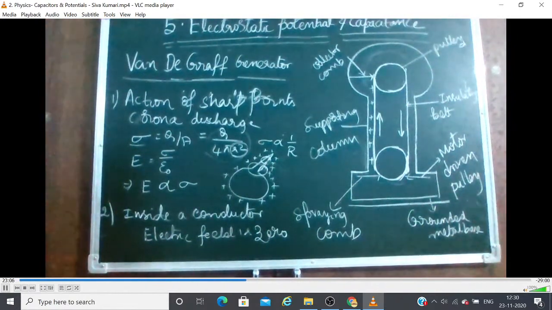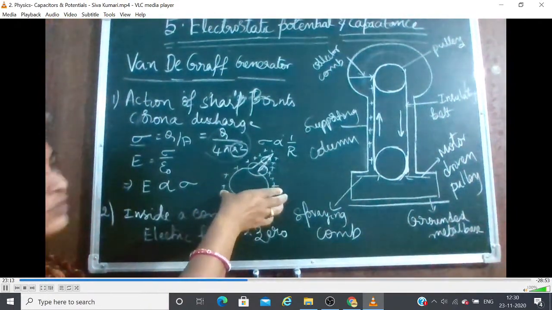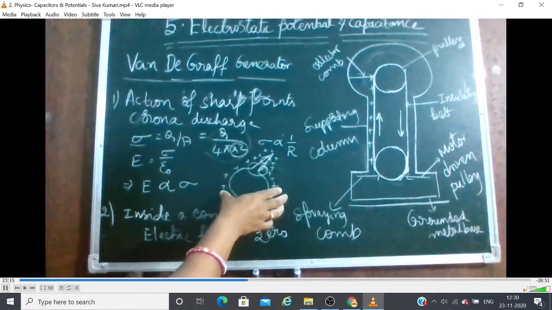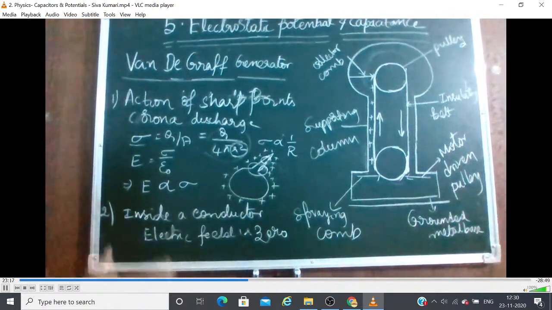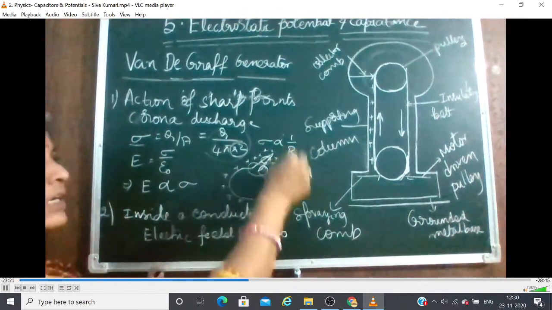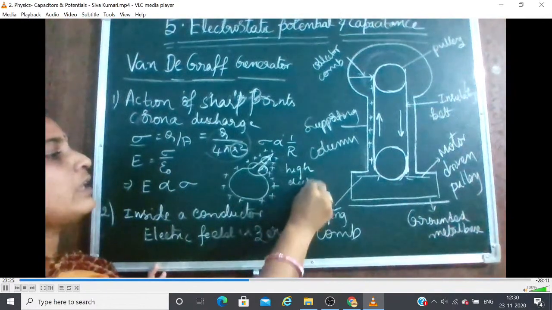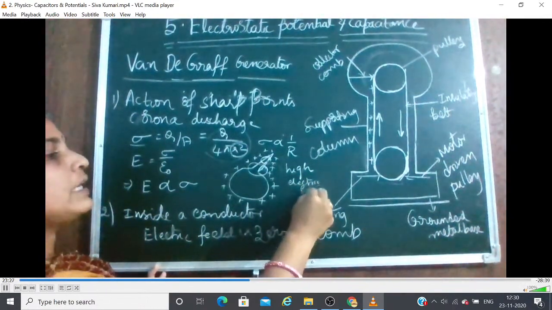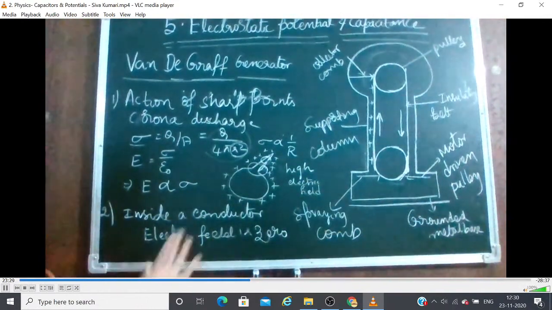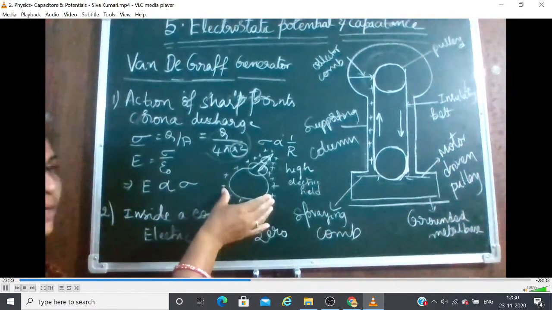So if more charge is given, the conductor acquires a very high electric field, and then it can't bear any more. That means if any positive charge is given to this conductor, what happens?